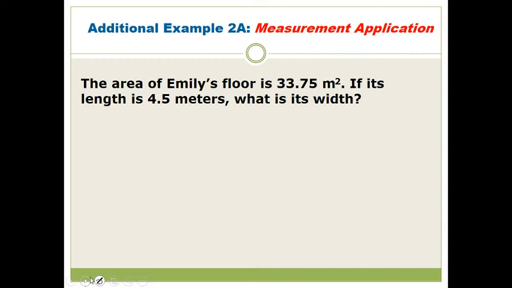All right, so consider this problem. The area of Emily's floor is 33.75 meters squared. So you notice that little 2 being raised as a power? We read that as square meters. So whenever we have an area, our unit is always going to be something squared, right?